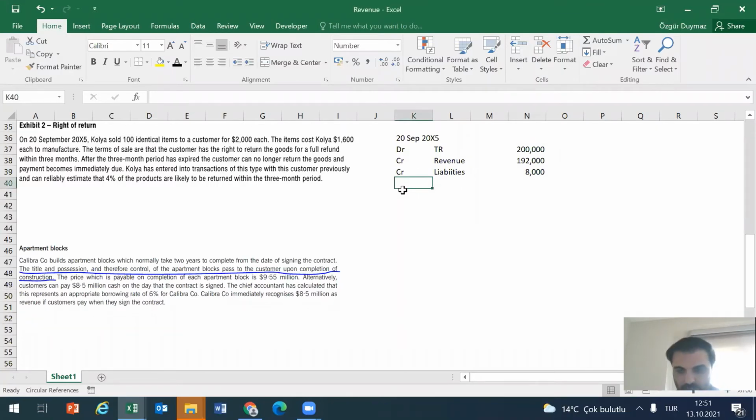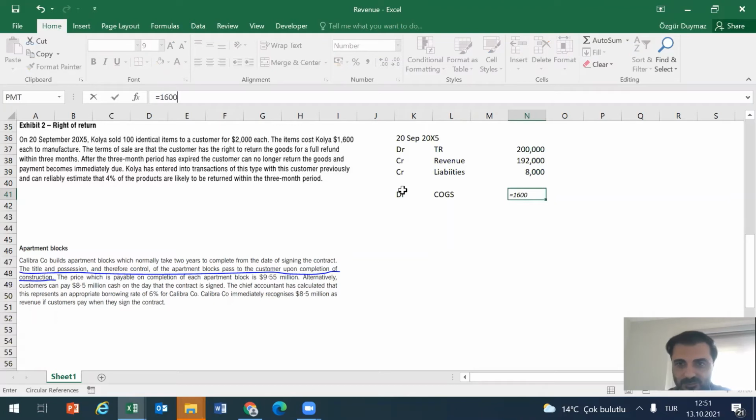And also for the cost of goods sold part, the cost of each was 1,600, multiplied by 200.